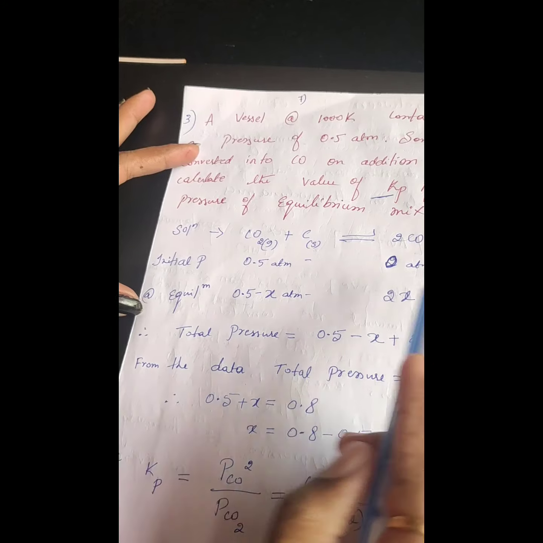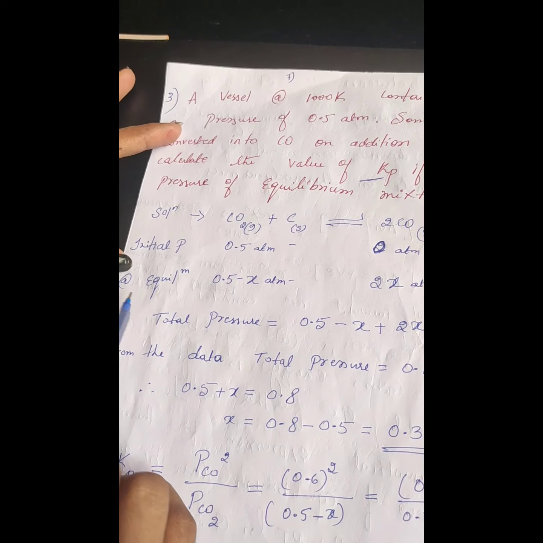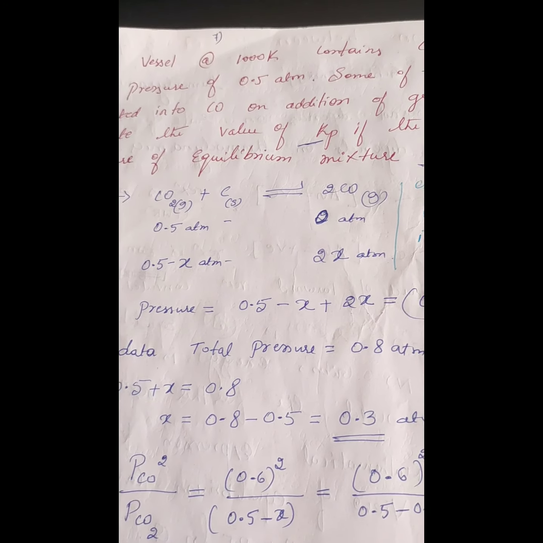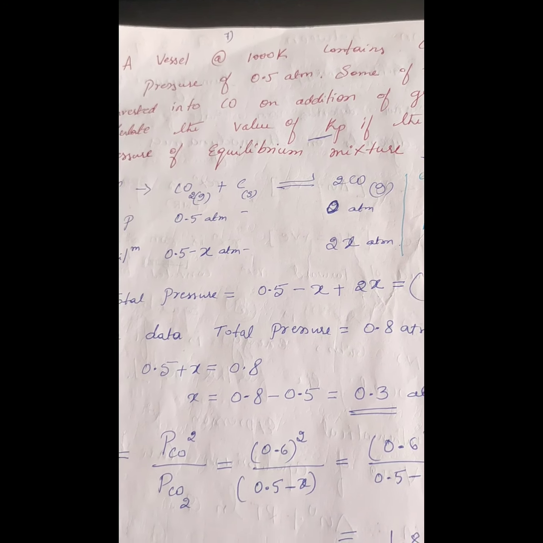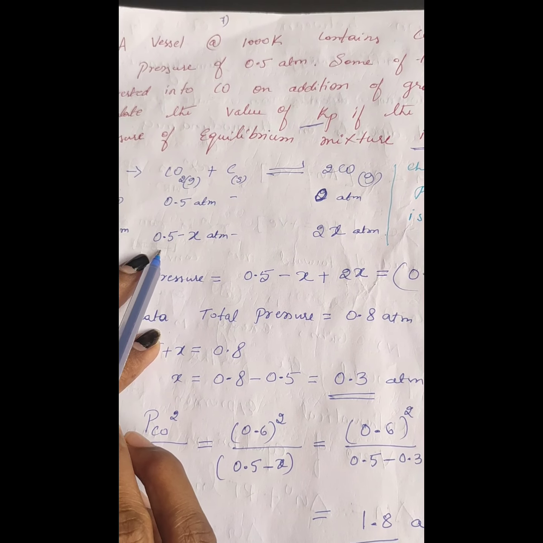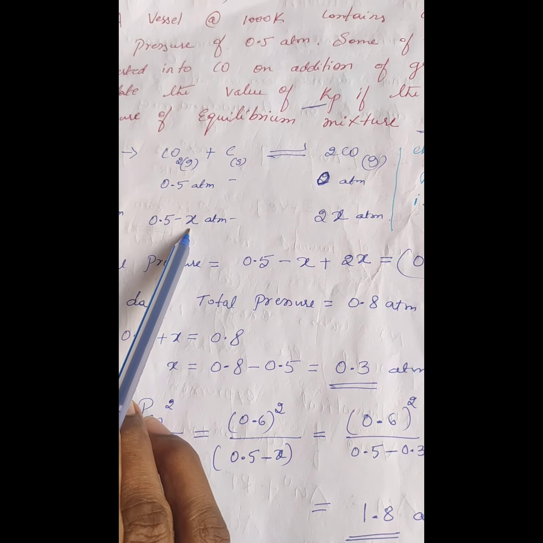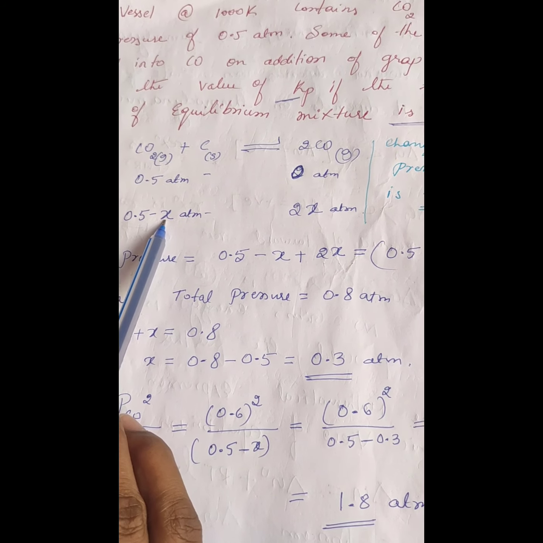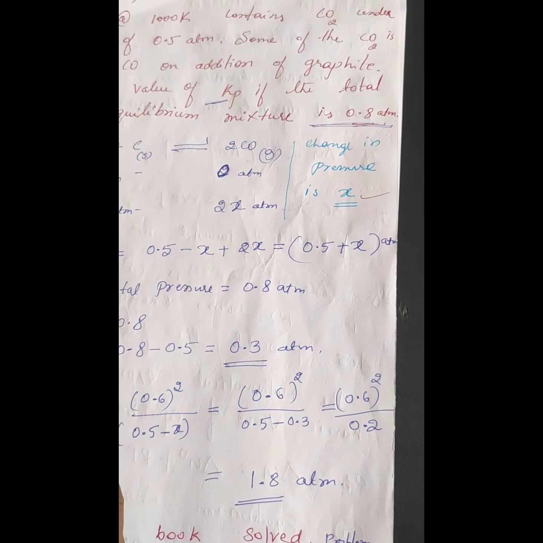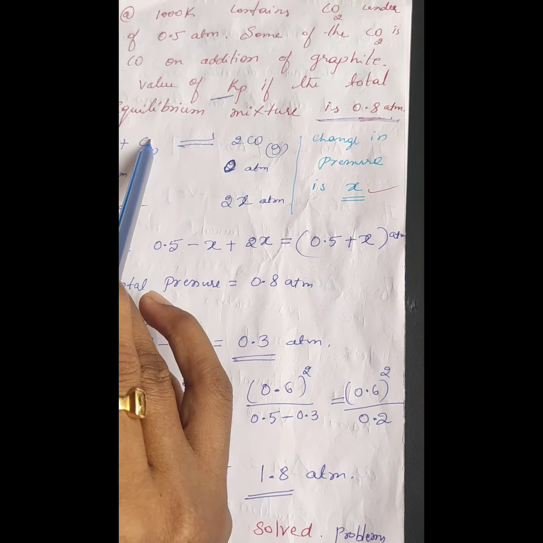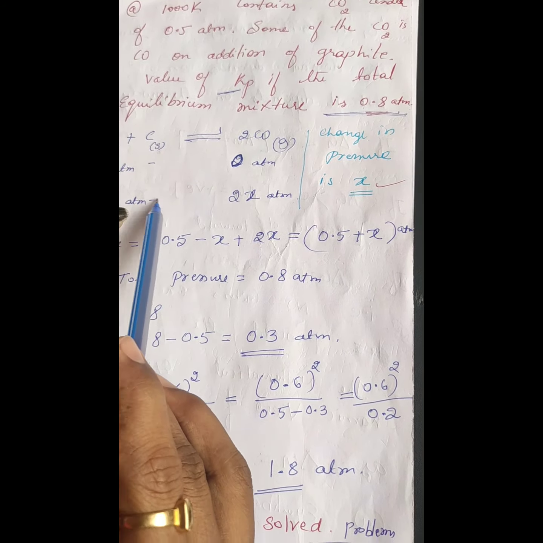Now we'll move on to equilibrium, meaning as the reaction proceeds, it attains equilibrium. Some of the carbon dioxide is getting converted into carbon monoxide. So at equilibrium, 0.5 was the initial pressure and x will be the pressure involved in converting carbon dioxide to carbon monoxide, so we consider 0.5 minus x atmosphere. Since carbon is a solid, we will not consider it.